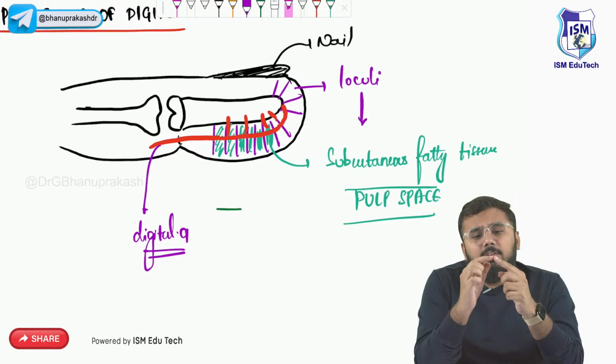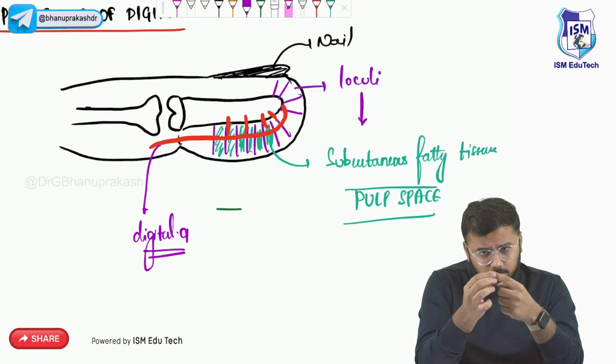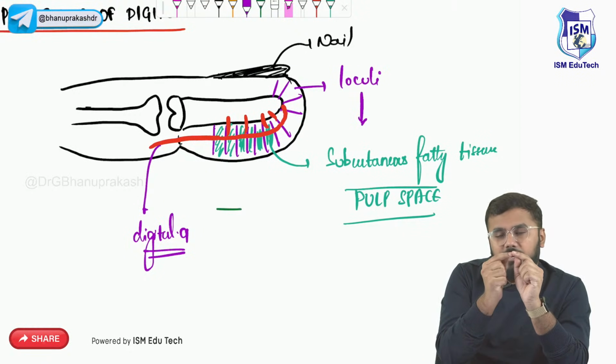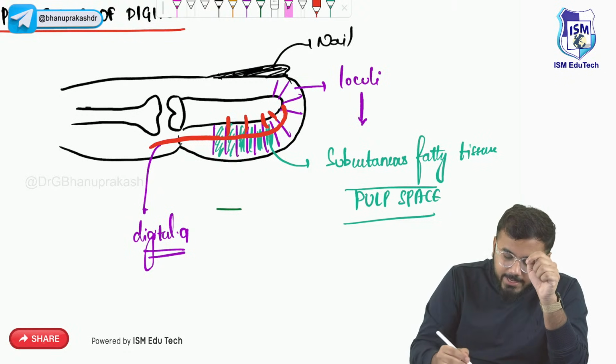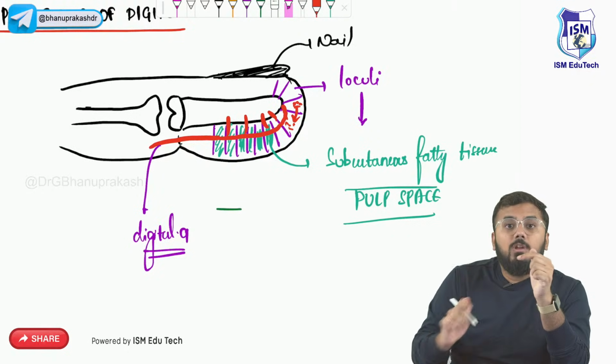So whenever the fingertip is injured, and if you are not treating it, if you have completely left it, then the infection will enter and settle inside the loculi. Infection will enter one loculus like this, and from here it will pass on to the second loculus. In this way, your entire pulp space will be infected.